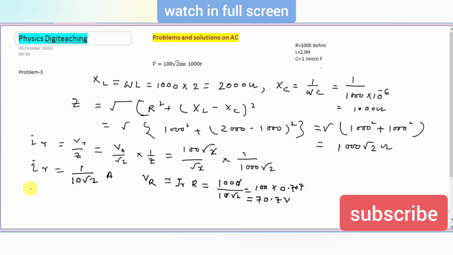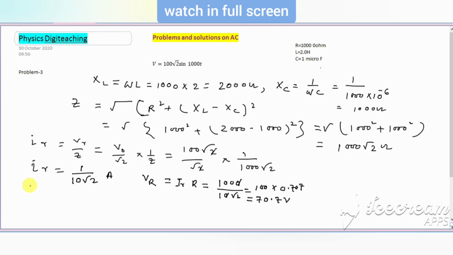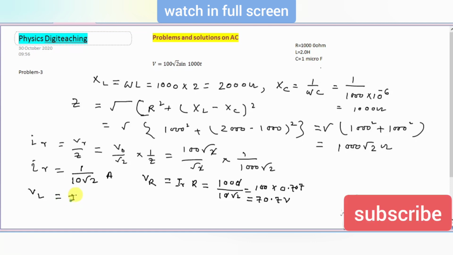70.7 volt, and voltage across inductor, that is VL equal to IRMS into XL.